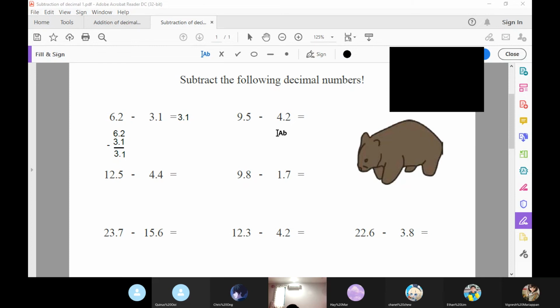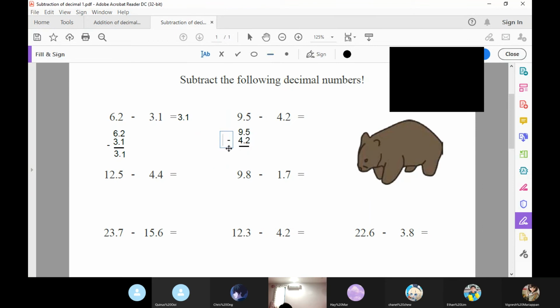Any volunteer? Try lah. 5.3. Tell one by one lah, so that everybody can know how to do. 5 minus 2 is 3.